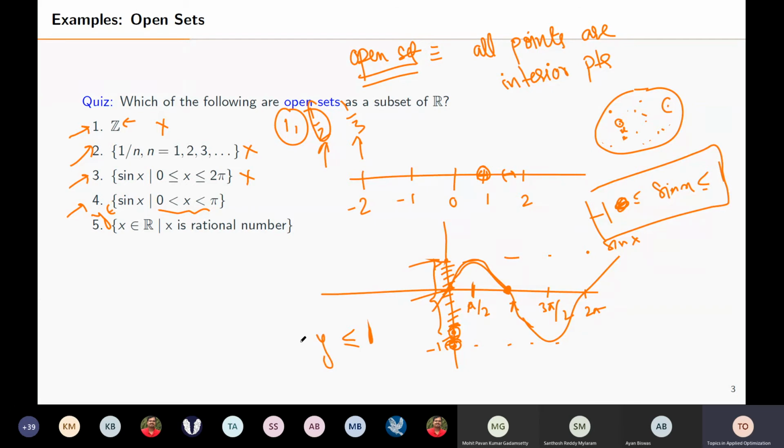The minimum value is 0, but 0 is achieved at 0 and at pi, and both are not included in the set. Hence the sine of 0, which is 0, will not be included. So this is strictly less than: the interval is 0 open and 1 closed.